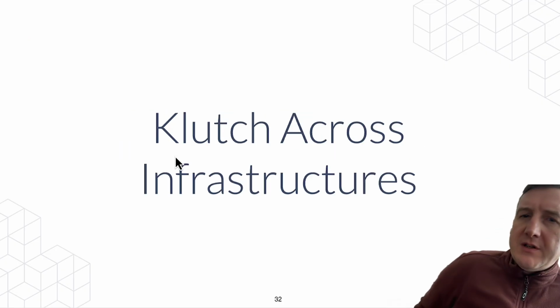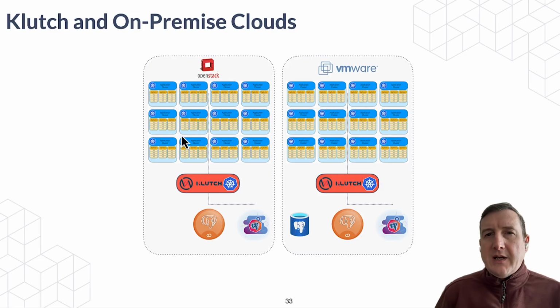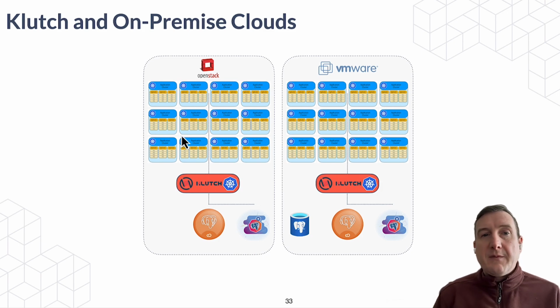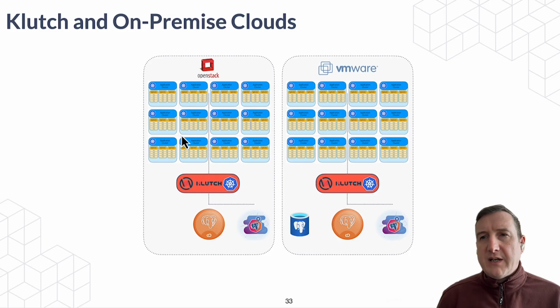Klutch also works across different infrastructures. It's a Kubernetes workload, and as you can integrate arbitrary automation backends, the data services that you can expose to your Kubernetes application cluster strongly depends on the portability of your automation backends. The anynines data services, for example, that use BOSH as the infrastructure abstraction, run on any on-premise and private cloud.